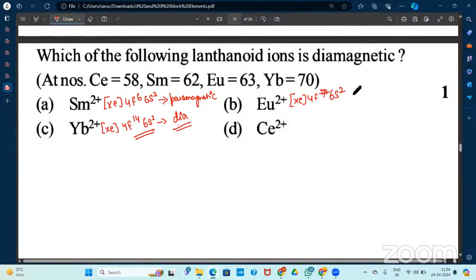So it has 7 unpaired electrons, paramagnetic. And for cerium, what is the configuration? Xenon, you have an electron in the f orbital as well as the d orbital, 4f1 5d1 6s2. So you have unpaired electrons. So option C is the right answer. Yes.